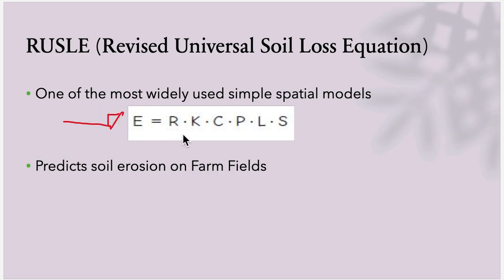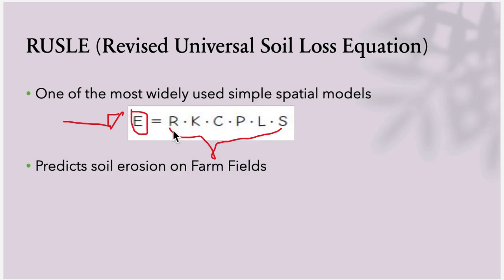We are using simple multiplication. E here is giving us our average annual erosion, and you'll find your E when you multiply these 6 factors.